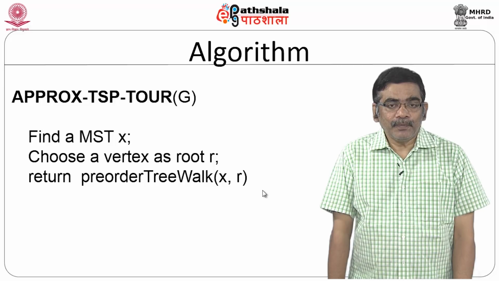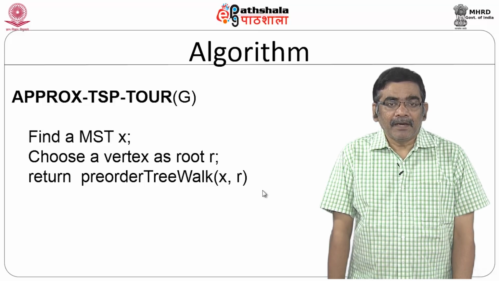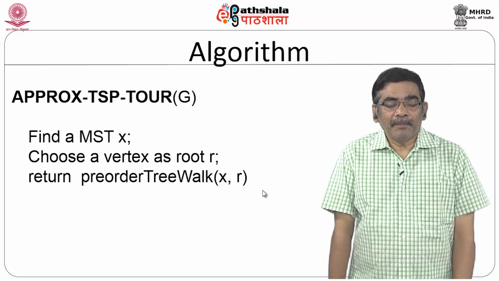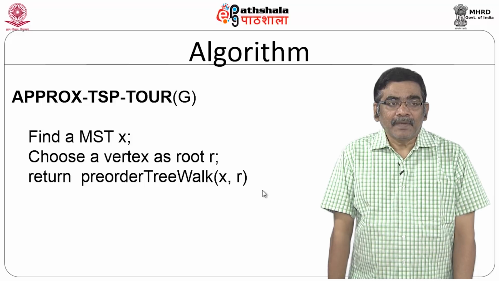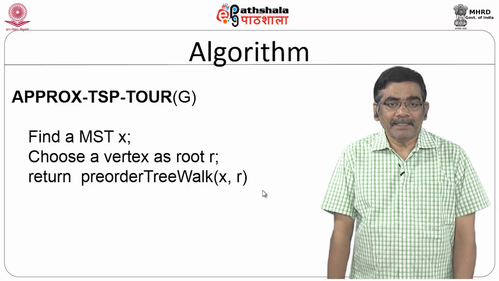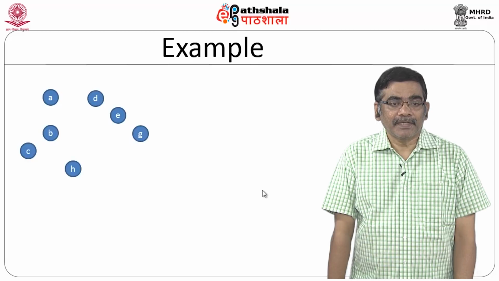Suppose if there is no connection, then we will introduce that path. This will create a duplication. We will perform the pre-order walk. So, we will get the path with duplication, but what is the original problem? The original problem says there should not be any duplication. So, what we have to do is eliminate the duplicate vertex in the obtained path, so that we can find the solution.